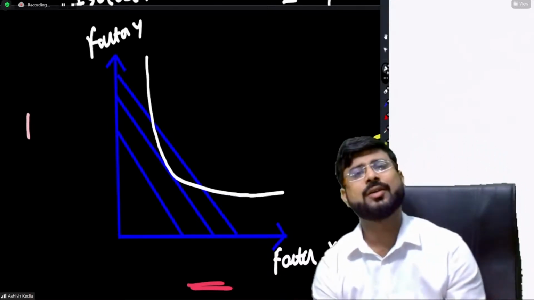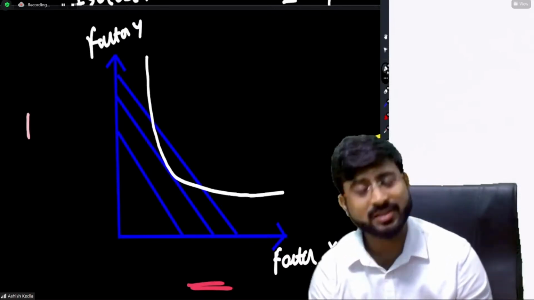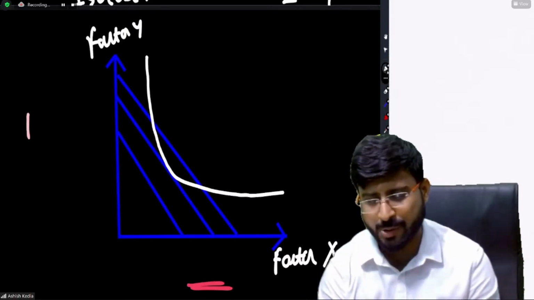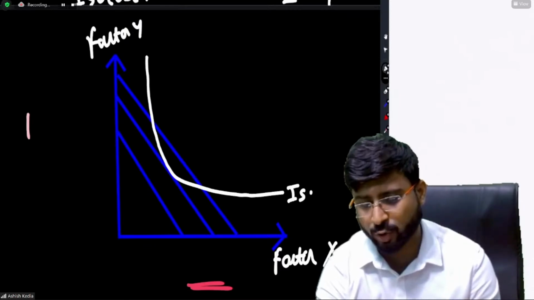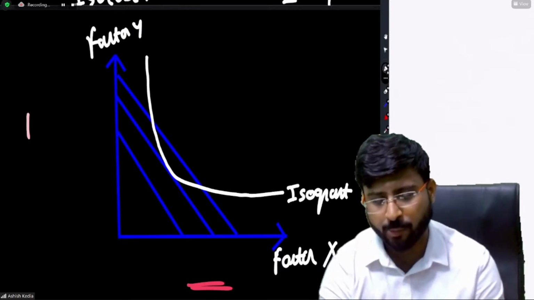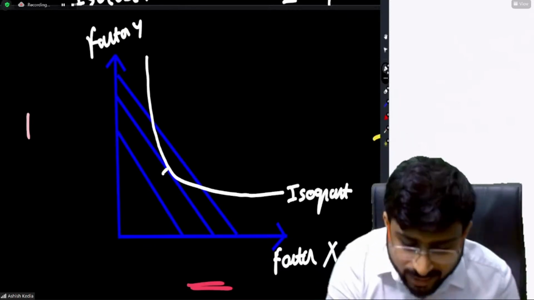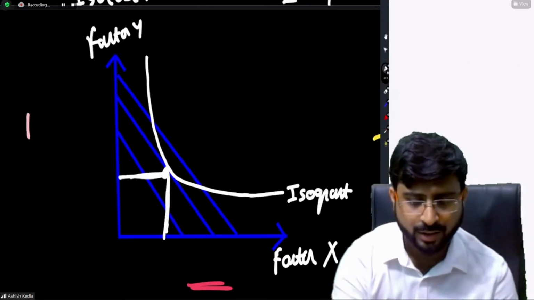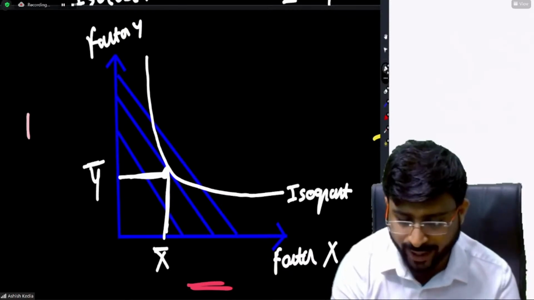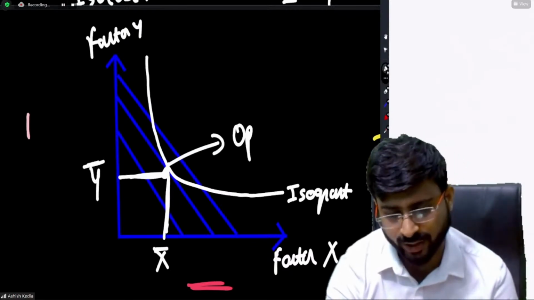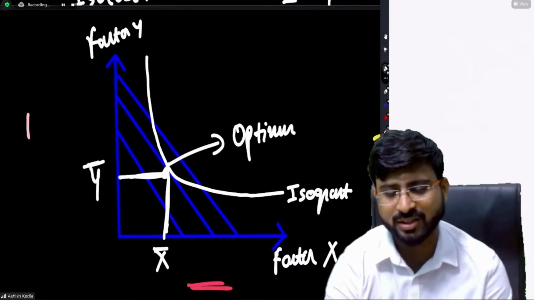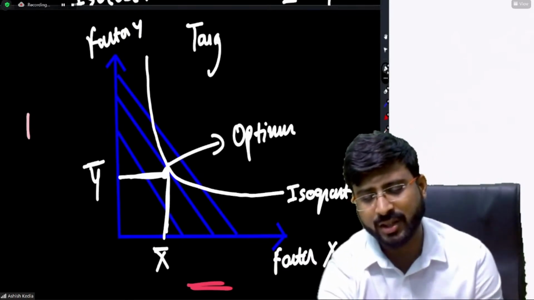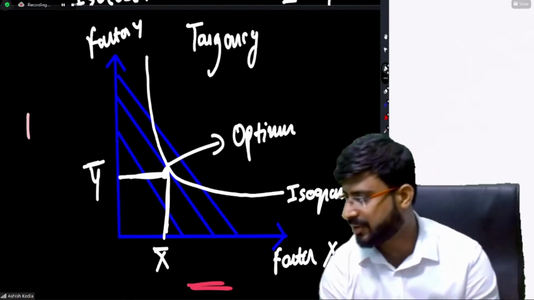Here I draw a curve. This curve is what? You will remember this. This curve is the isoquant. So the production optimization takes place at this point. This many units of Y and this many units of X. This is the optimum point where there is tangency. Point of tangency, everyone.